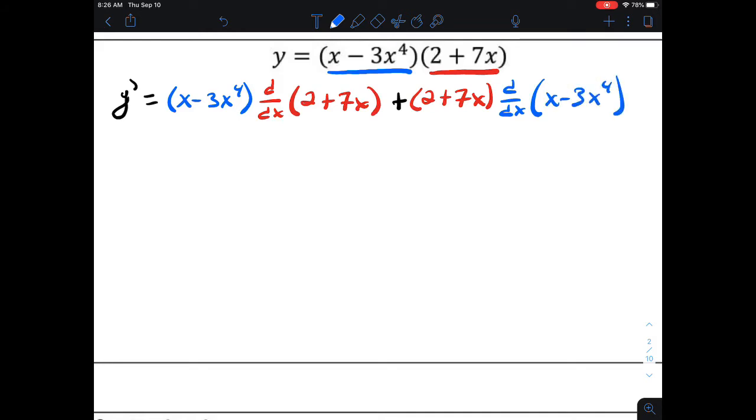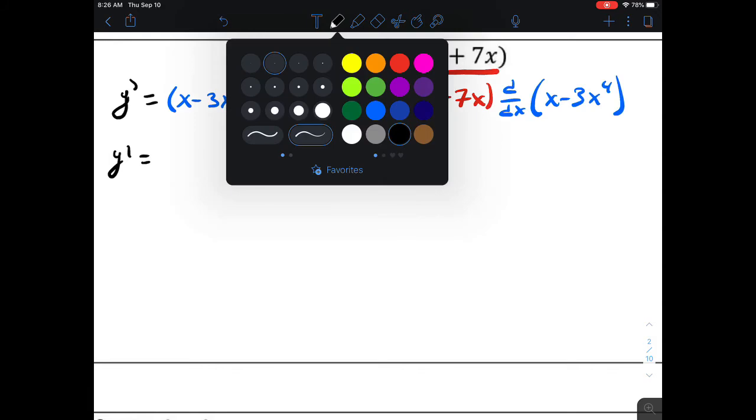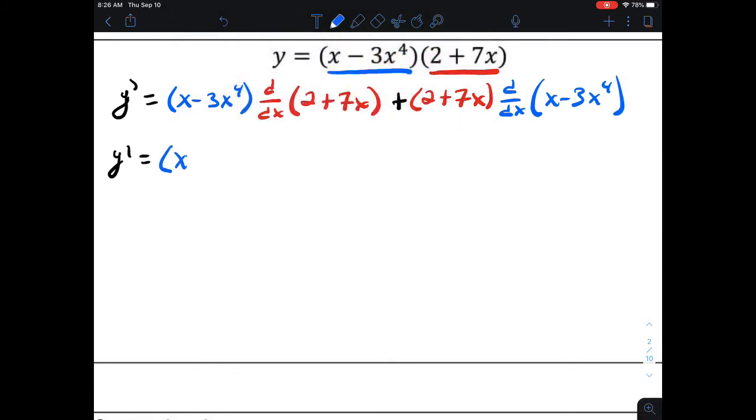Now we do our derivatives. So y prime is going to equal, we'd have x minus 3 to the fourth times the derivative of 2 plus 7x.